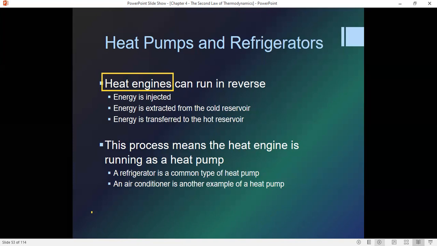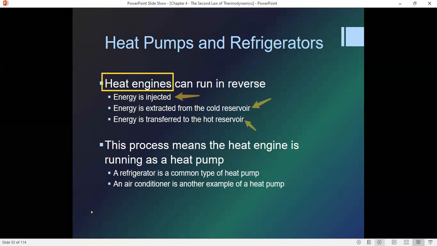But again, we can imagine that instead of getting work out, we're putting work into the system. Instead of getting energy from the hot reservoir, we're taking energy from the cold reservoir and then transferring it to the hot reservoir. Whereas a heat engine is sort of analogous to water flowing downhill and putting a water wheel there to extract work, a heat pump, as the name implies, is pumping the heat from a lower temperature to a higher temperature.